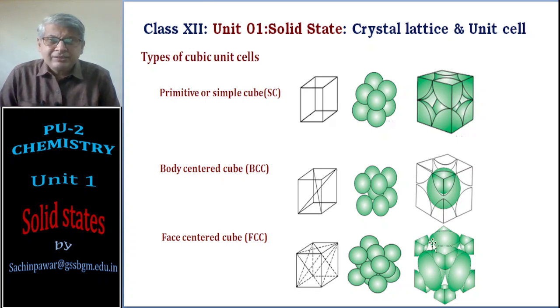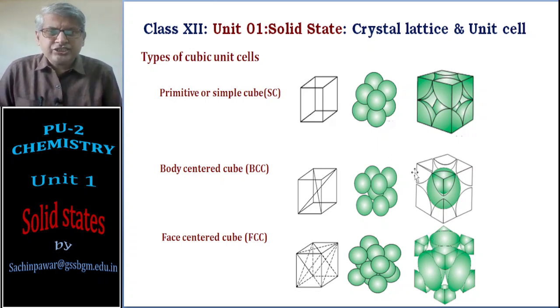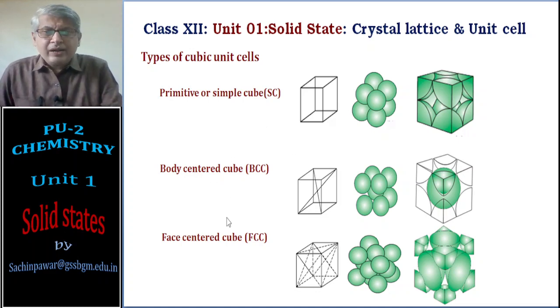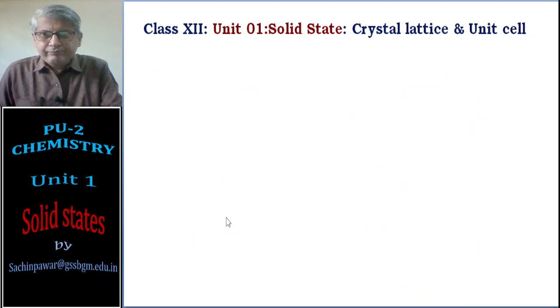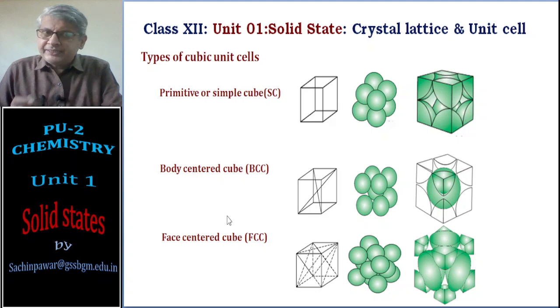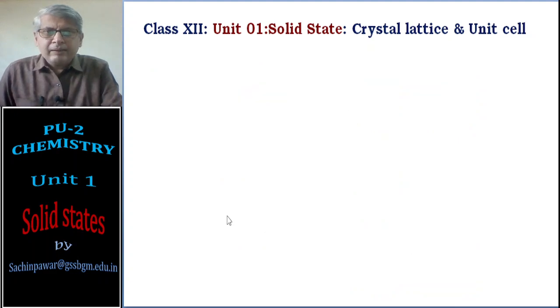Just for imagination, I am showing the shapes of the simple cube, body centered cube, and face centered cube. Okay, let's go ahead into the next part. The next part is we have to find out the number of particles per unit cell.